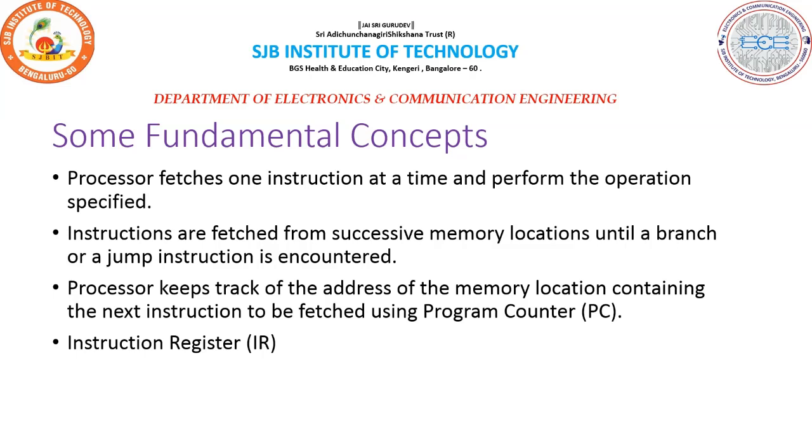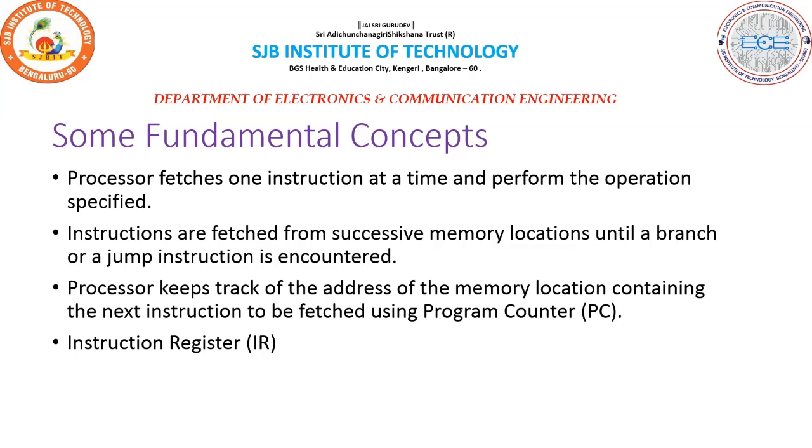A branch instruction takes the program to another memory address. The processor keeps track of the address of the memory location containing the next instruction to be fetched using the program counter and instruction register.